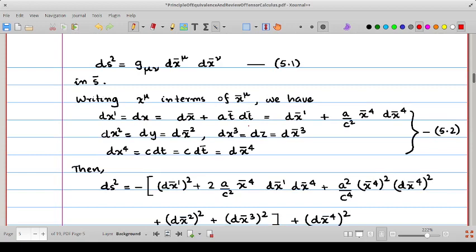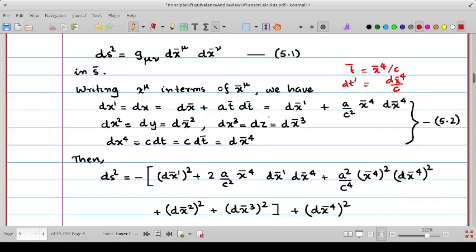Since dx bar is dx bar 1, and c t bar is equal to x bar 4, and similarly dt bar is equal to dx bar 4 by c, and t bar is equal to x bar 4 by c, we have a t bar dt bar equal to a times x bar 4 by c times dx bar 4 by c.